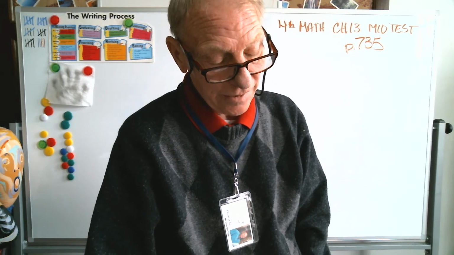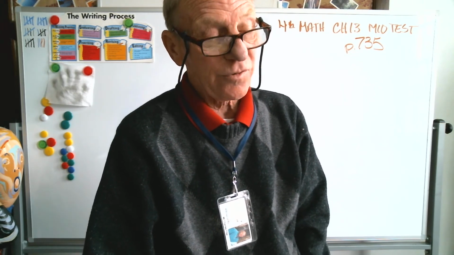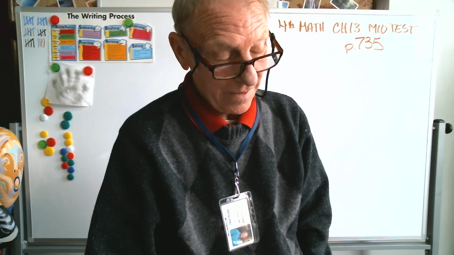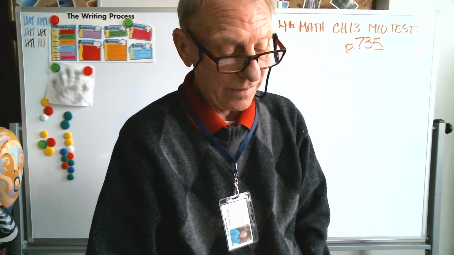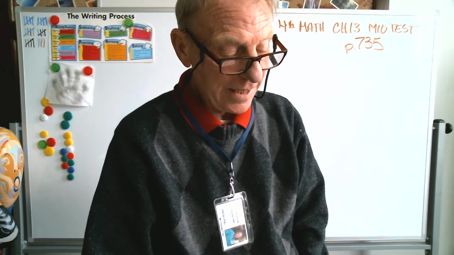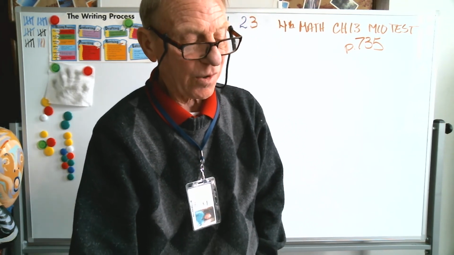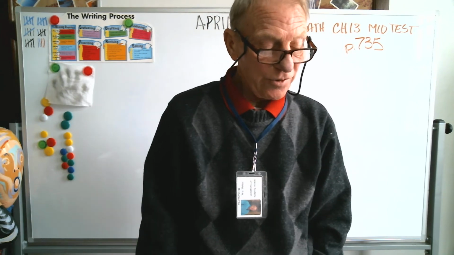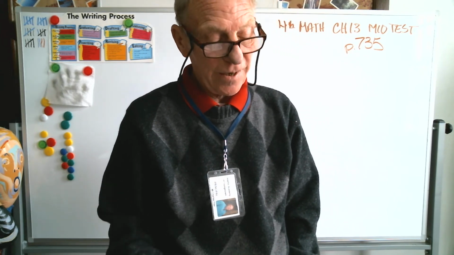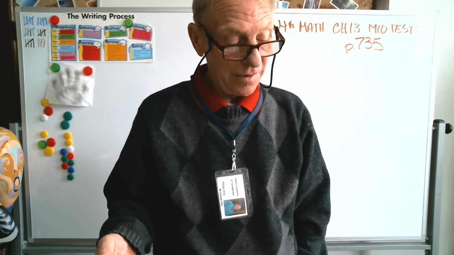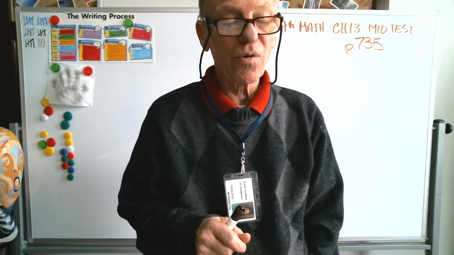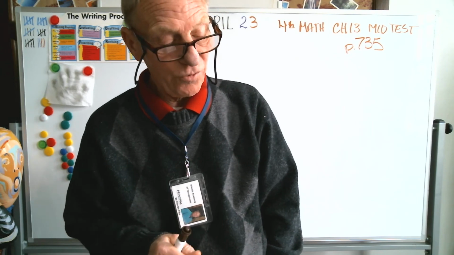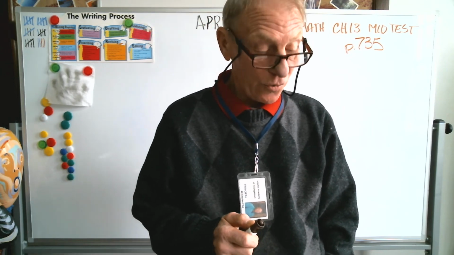Figure C is a square, so there's 4 inches on each side. That would be 16, 4, 8, 12, 16. And figure D is a little bit smaller rectangle. 2 sides at 4 inches, 2 at 3. So you got 8 and 6, that would be 14. Find the total perimeters. Choose the one that has the greatest.